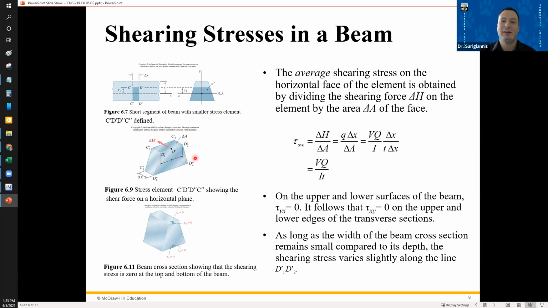Thickness times delta X is your area for shear. Notice delta A is on top here. And this gives you an average shear stress of the shear times Q divided by I times T: the moment of inertia, and then the thickness T.